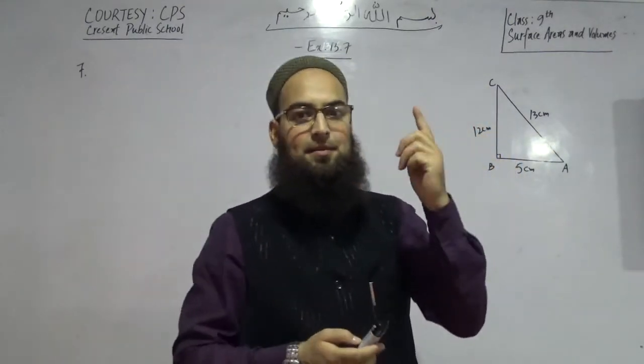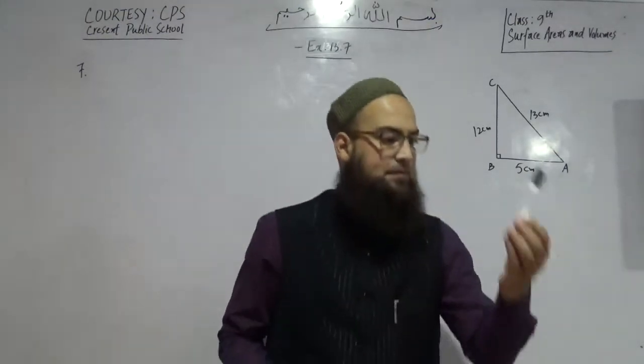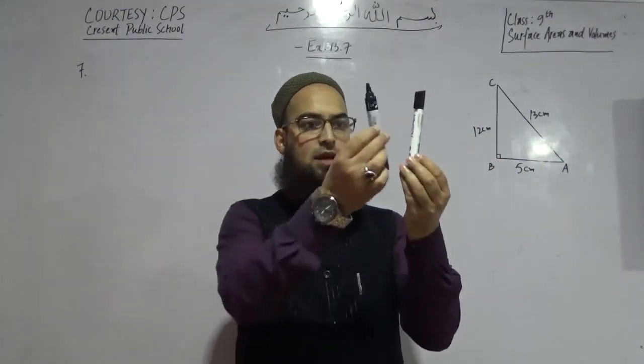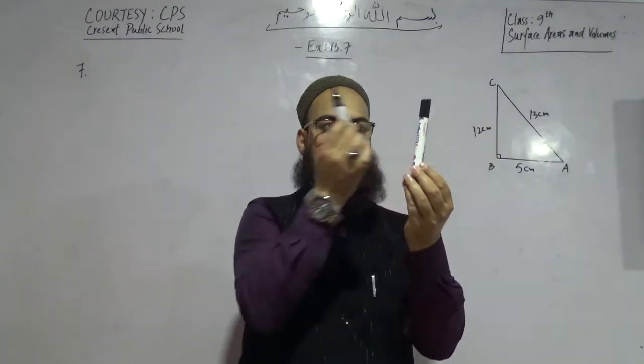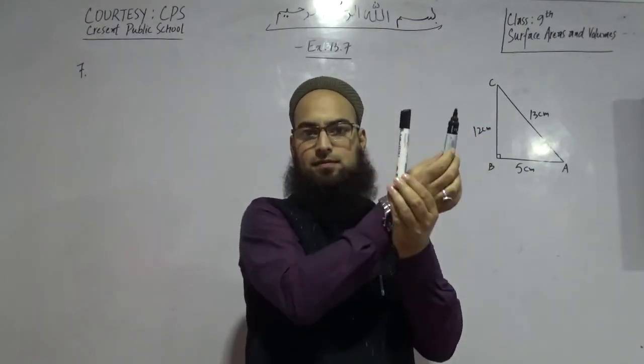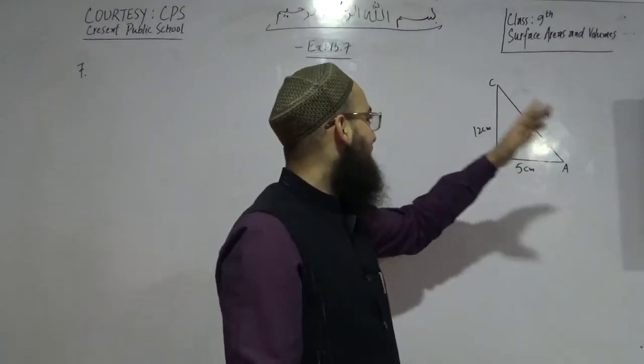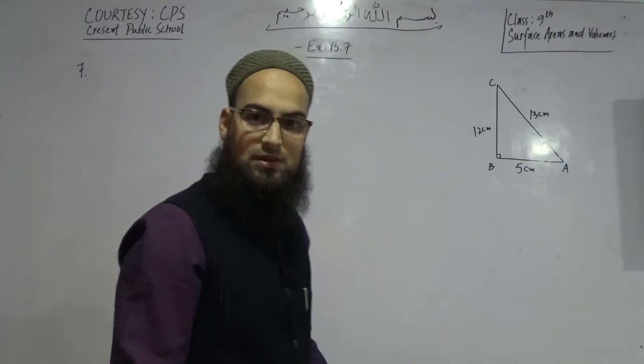Now, if I say, for example, revolve this marker around this marker, that means I'm doing this thing. Got it? Similarly, it says revolve the triangle around this 12 centimeter.